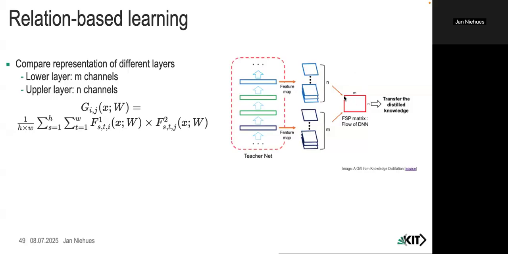So this one is mainly describing how dimension 1 and 1 interact. This is how dimension m and 1 interact, and this describes how dimension n and m interact. So you have this cross product of all dimensions m and n of these two feature maps and how they interact.